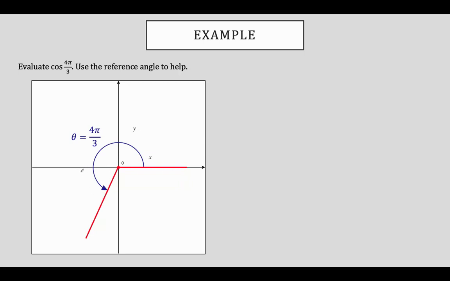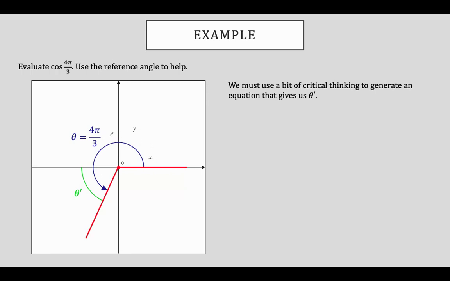Remember, reference angles are measured from the terminal side of our angle theta to the nearest x-axis. This right here would be our reference angle theta prime. So let's find theta prime. And as usual, we have to use a little bit of critical thinking to figure out what theta prime is going to equal. Well, notice that theta prime is a piece of this entire angle 4 pi over 3.